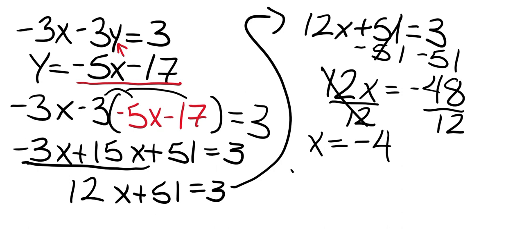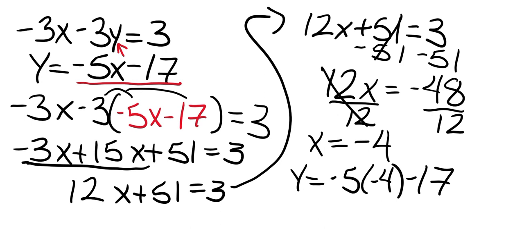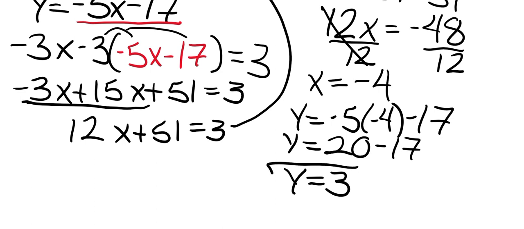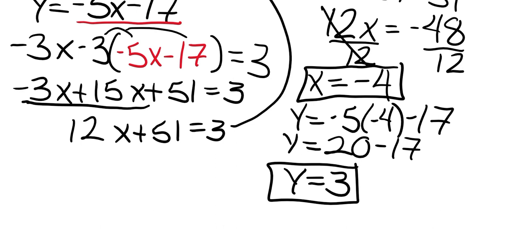So we're going to use the equation y equals negative 5x minus 17, and we're going to plug in what we got for x into that equation. Negative 5 times negative 4 minus 17, that gives us y equals negative 5 times negative 4 is 20, minus 17 gives us y equals 3. So we have y equals 3 and x equals negative 4.